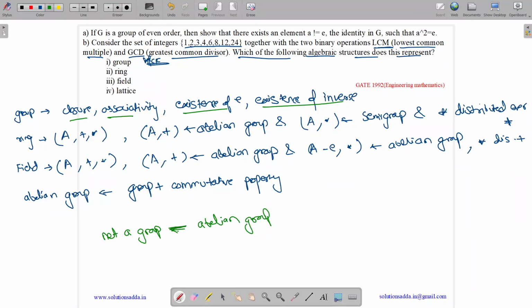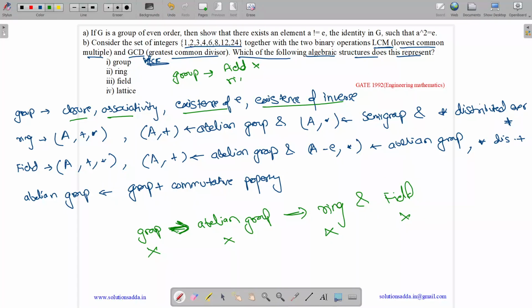Since an abelian group is a group plus the commutative property, if it is not an abelian group, then it can't be a ring and it can't be a field. So let me write it over here: if it is not a group, then it implies it's not a field and it's not a ring.